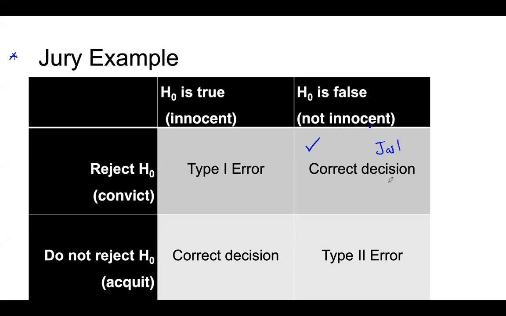Justice is served in this situation. What about over here? If they are innocent, so the null hypothesis is innocence, and we do not reject the null hypothesis, that means they get out because they're innocent.